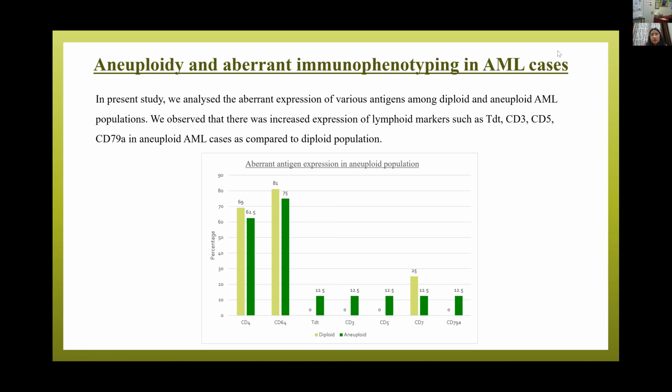Now, in this study, we also analyzed the aberrant expression of various antigens among diploid and aneuploid population. We observed that there was increased expression of lymphoid markers such as TDT, CD3, CD5, CD79A in aneuploid AML cases as compared to the diploid population.